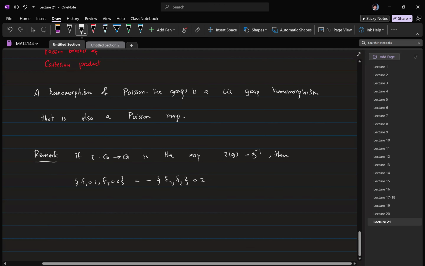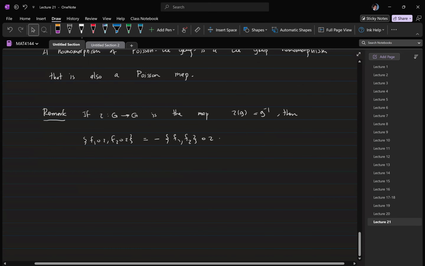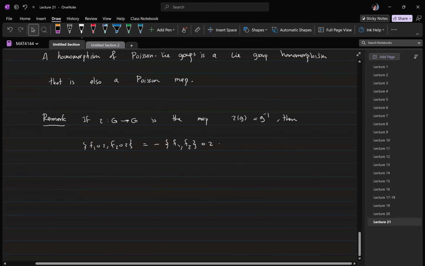Note that minus a Poisson bracket is also a Poisson bracket, just like minus a Lie bracket is also a Lie bracket. All the conditions are linear, and therefore you can change the sign.